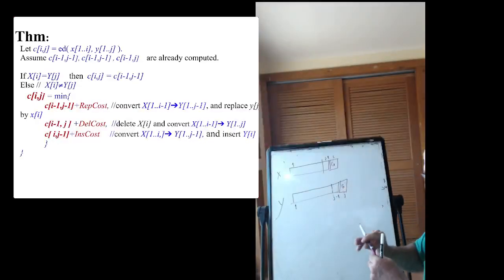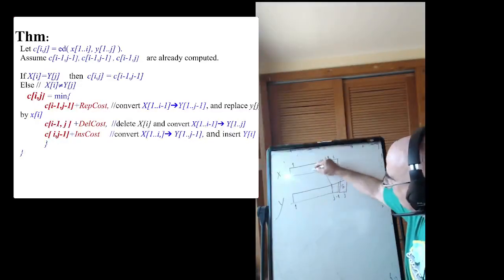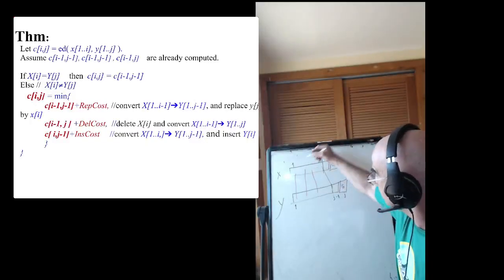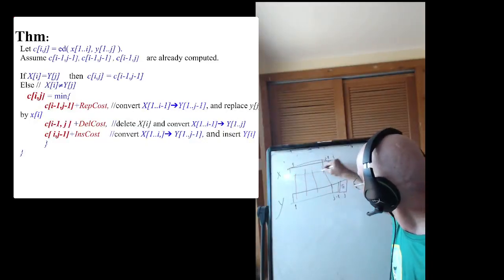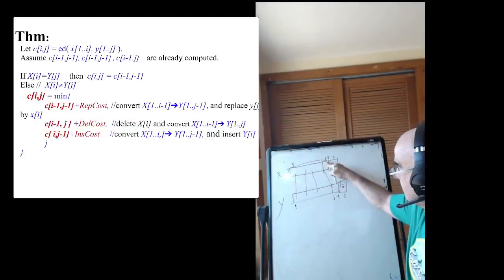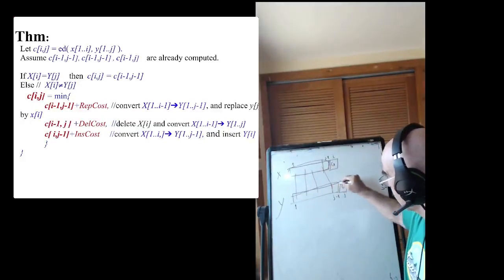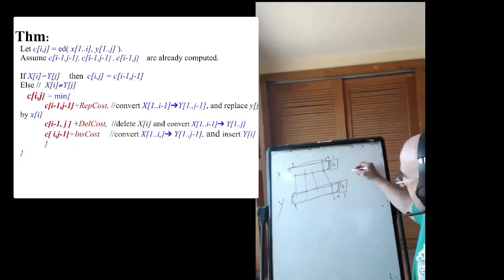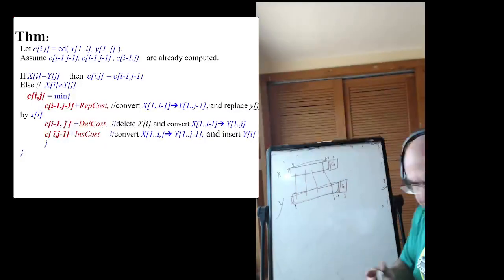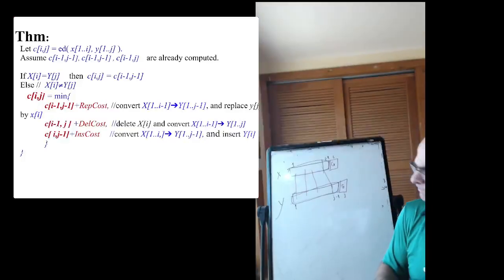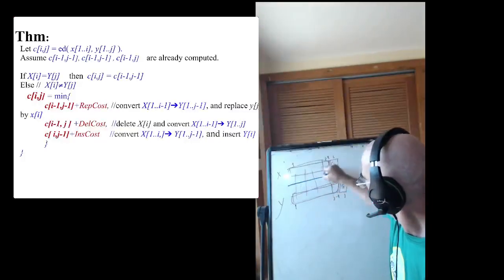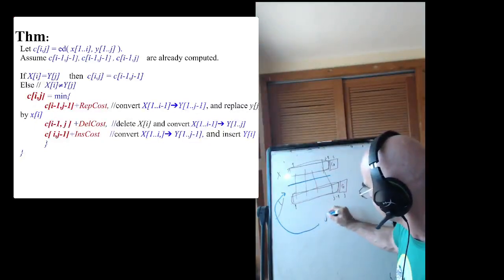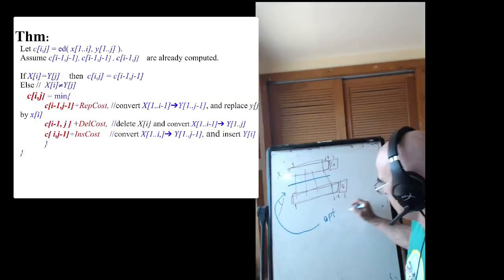And by the way, you have already computed the optimal cost that matches everything here, the first i minus 1 characters of x to the first j minus 1 characters of y. This is an optimum matching. This in blue, I'll say that's the optimum matching, or the minimum penalty.